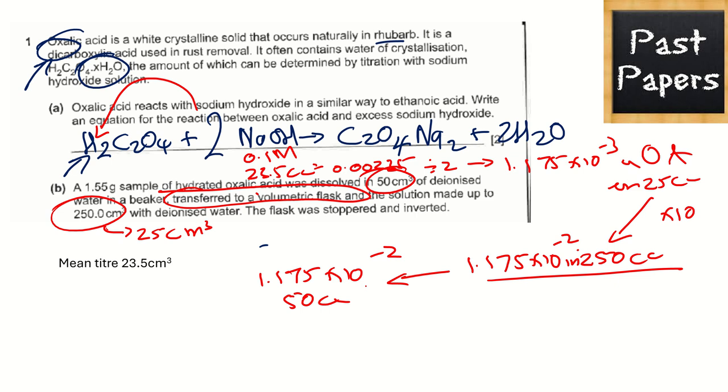Now, the 50 cc's was made up of 1.55 grams of the hydrated oxalic acid. So I can now work out the RFM of the oxalic acid. Remember, RFM is equal to mass 1.55 divided by the equivalent moles that was equivalent to, which we now know. So let's do that.